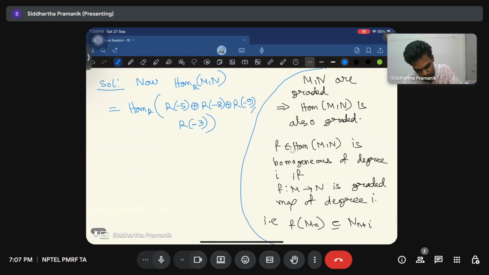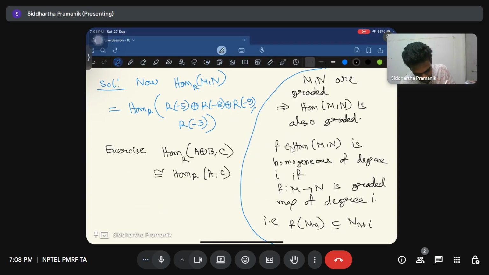Now this is one exercise for you, that Hom(A direct sum B, C) is the same as Hom(A, C) direct sum Hom(B, C). So this is very well known. Let's use this in our case.